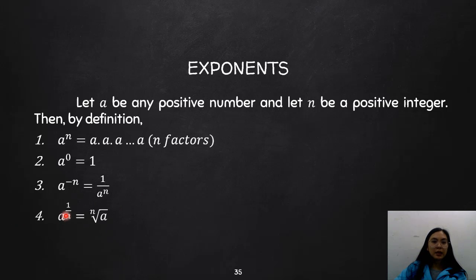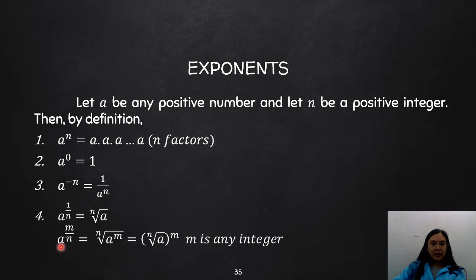Fourth rule, a raised to 1 all over n is simply equal to the nth root of a. And a raised to m all over n is equal to the nth root of a raised to m, where m is any integer.